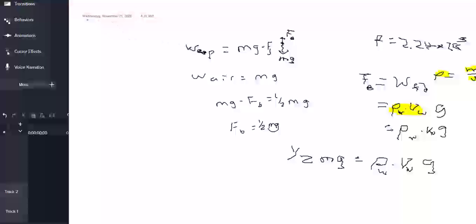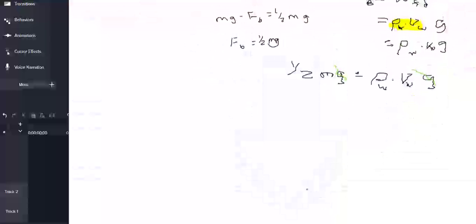So our g's can cancel. And also we know that the volume of the water displaced is the same as the volume of our object.